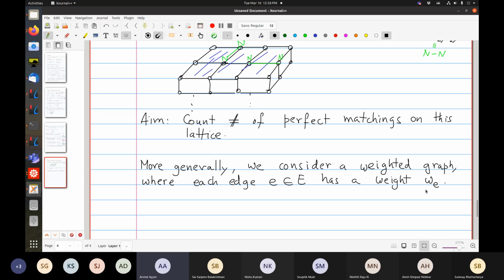The weight you can think of as a real number if you like. From the application point of view, that would be the energy or cost of that edge. But for now, at least, we will think of it as a symbolic parameter. There will be some formal variables, commuting. So for each edge you are going to have a weight, and they will all commute. So a commuting family.